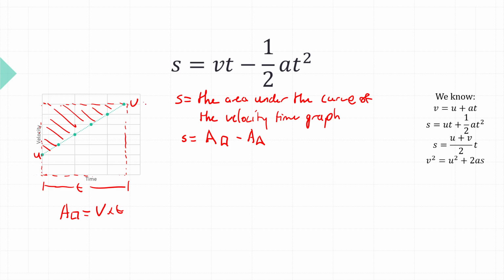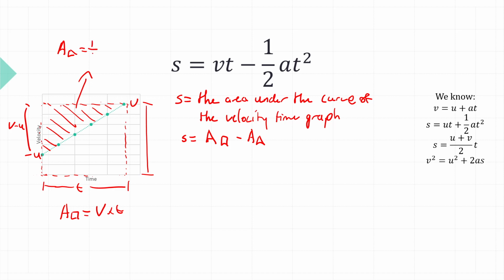So that's our height here, v, and t along our x-axis. And that the area of the triangle, while technically it's not in the same position as our triangle from before, the way that we calculate it is exactly the same. This height here is still v minus u, and our length across is still t.